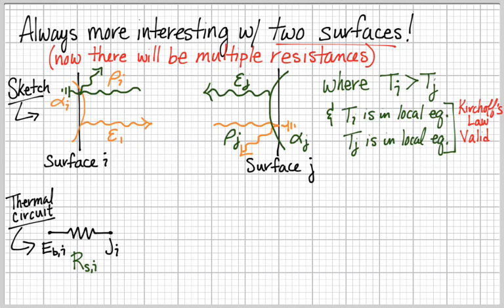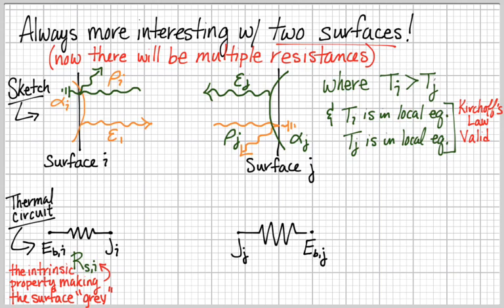Now I'll do the same thing for surface J. I wanted to point out that the intrinsic properties of the surface are going to be represented by Rs, and those are the phenomena that will make the surface gray, a gray surface rather than a black body or a white body.